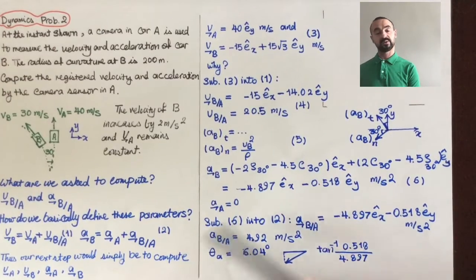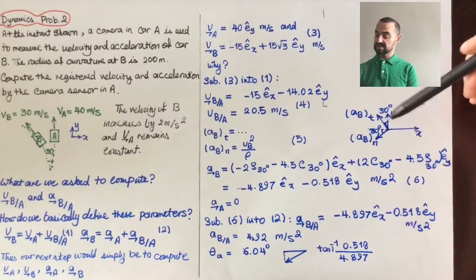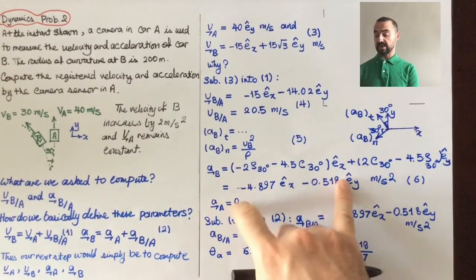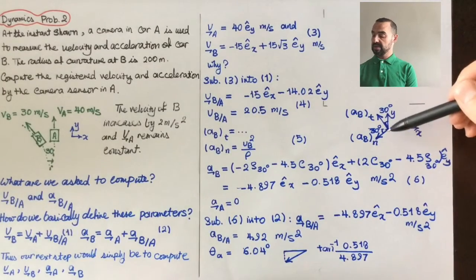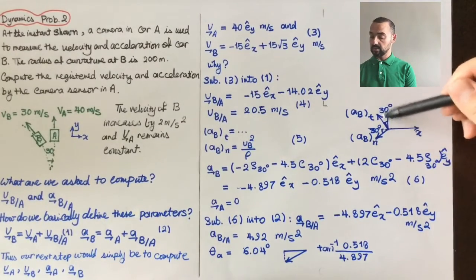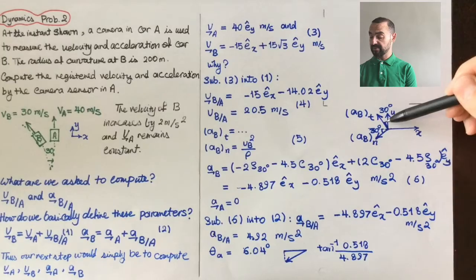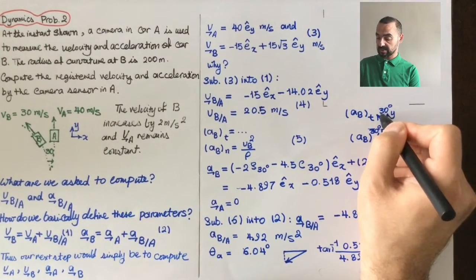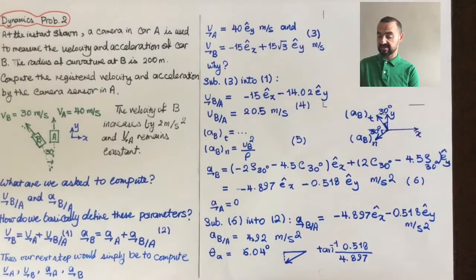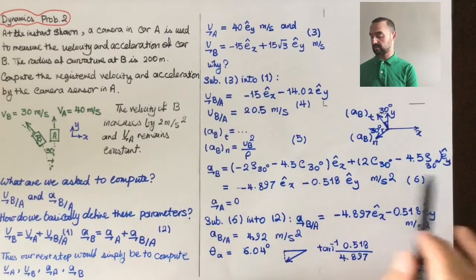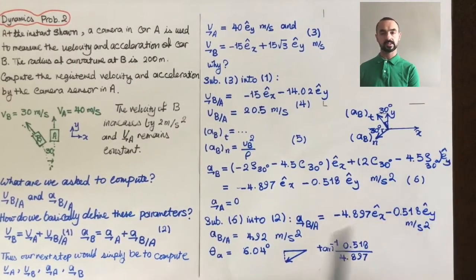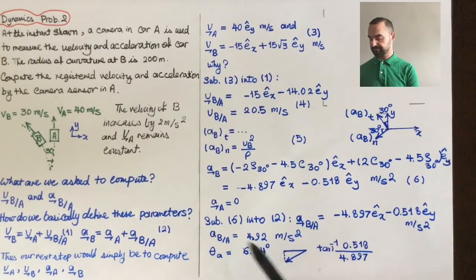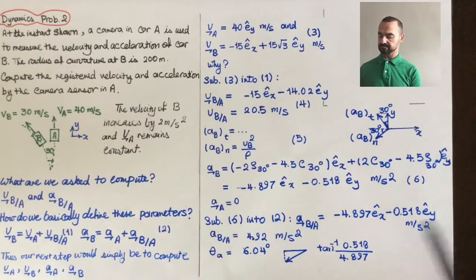Negative 2 sine 30. 2 is your tangential acceleration component, and you're looking for the e hat x component. So you multiply 2 by sine 30 to compute this component of tangential acceleration. You can justify each component, and you're going to see that that's the total acceleration vector.